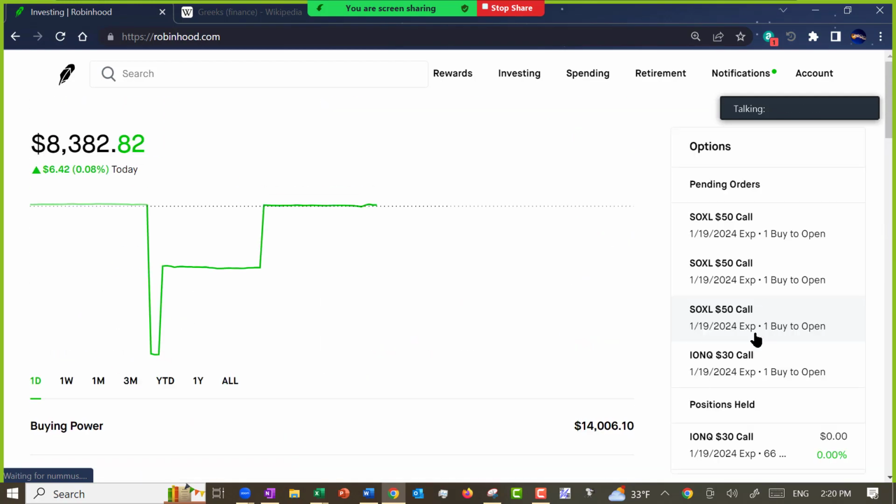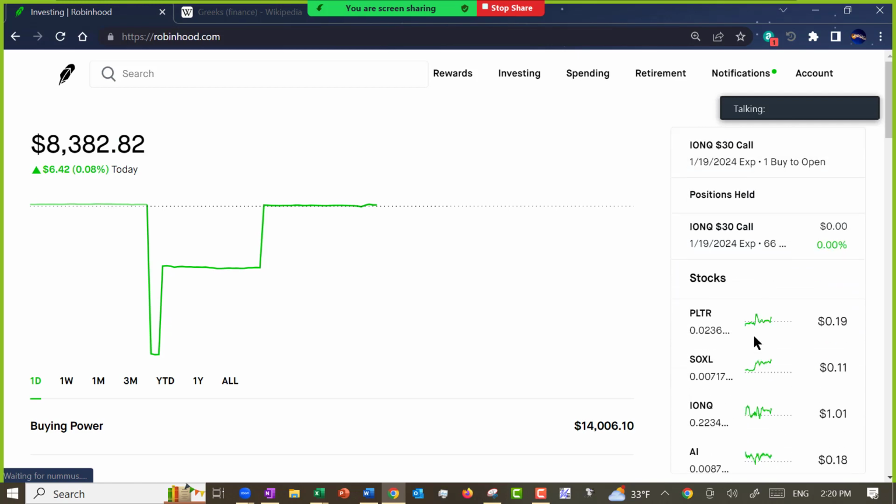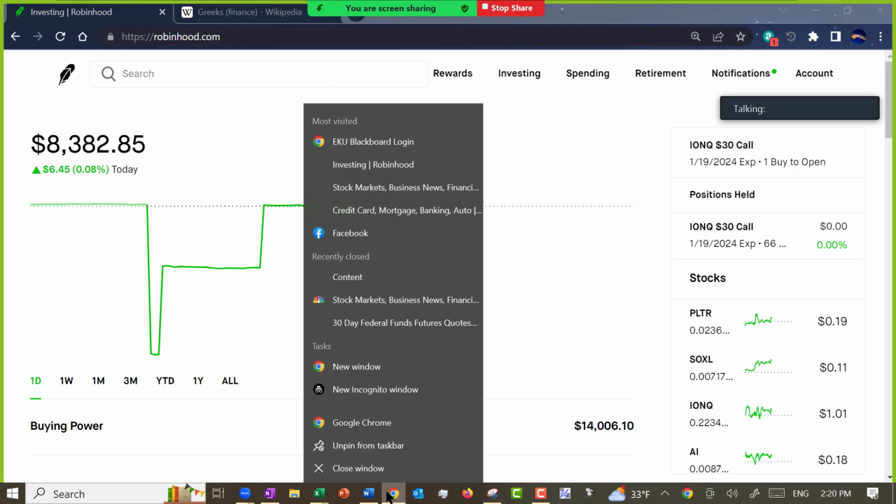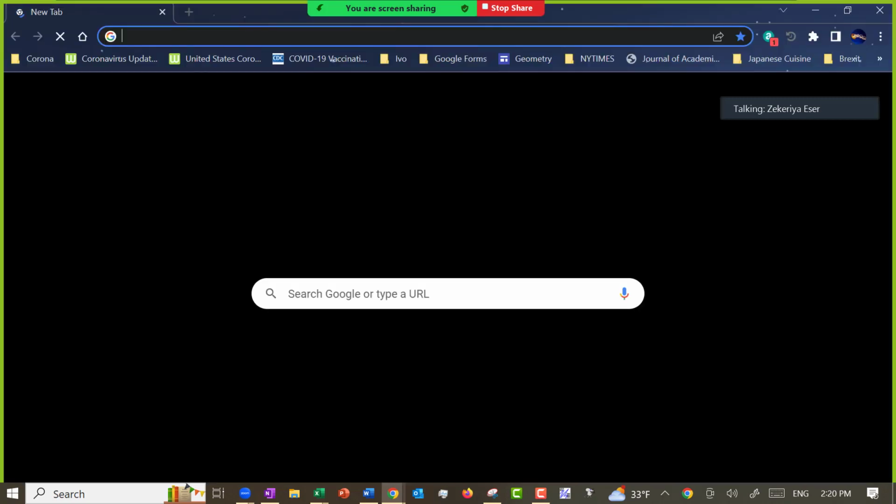Oh, what happened to the interest rate changes? Let's see. Actually, I can look it up on my computer, on my phone. But let's do this.